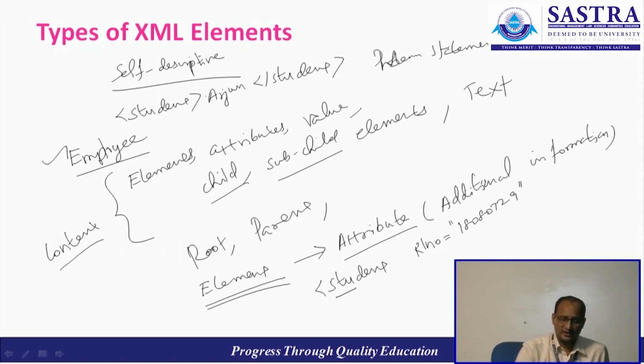This is the element, this is the attribute, this is the value, and the element, that is the opening tag, should be closed properly, and this is the closing tag for the element student.